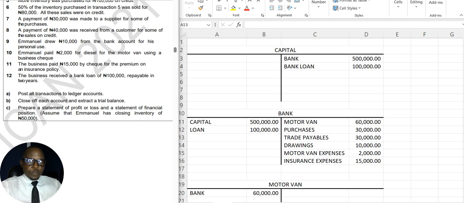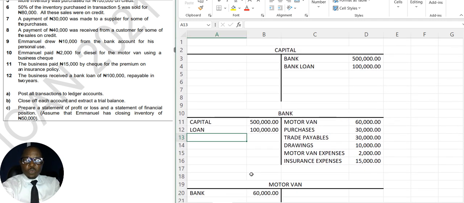Requirement A says post all transactions to ledger account. That is what we have done now, but we are not through with it. But let's go on with the question. Close off each account and extract a trial balance. Okay, so that is what we're going to be doing now. I will show you how to close off each account. Friends, remember that the right hand side of your T shape is your credit side, while the left hand side is your debit side.